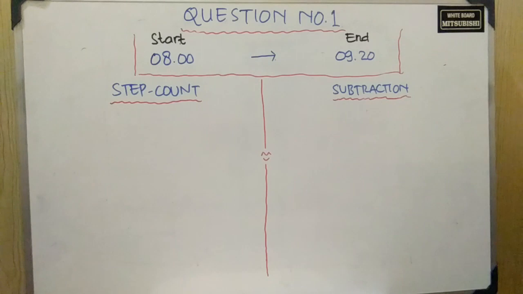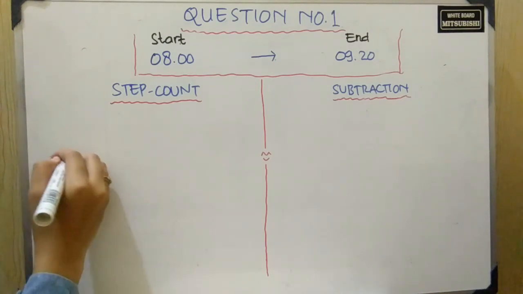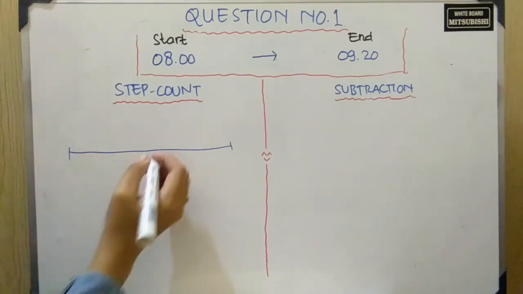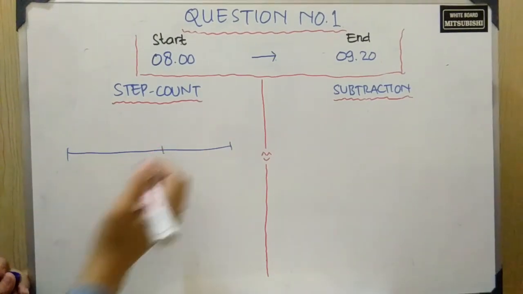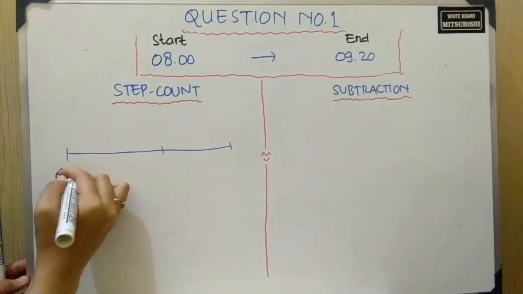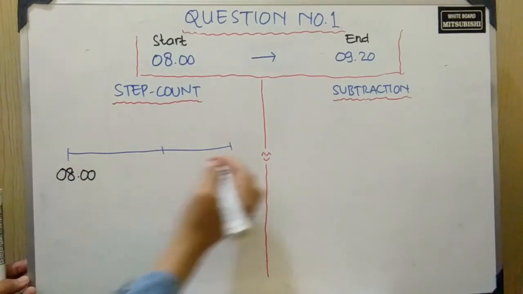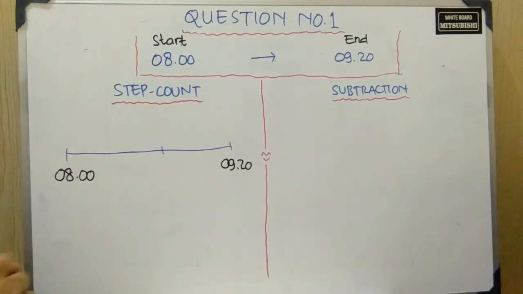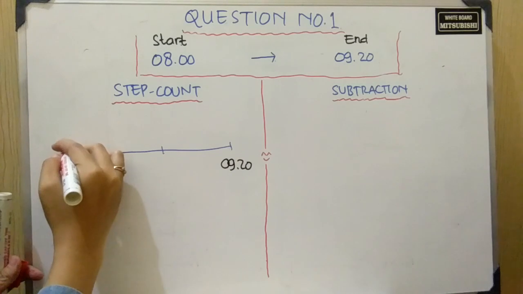For the first question, we do step count. We draw a line first to write the start time and the end time. Here, the start time is 8 o'clock. So we write 8 o'clock here. And we write the end time here, 9:20. First, we count on in hour.